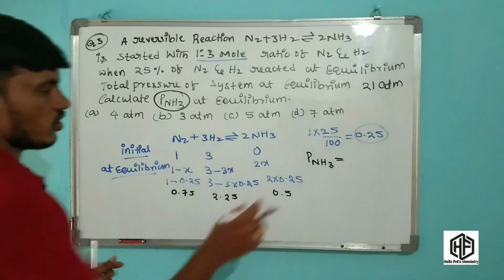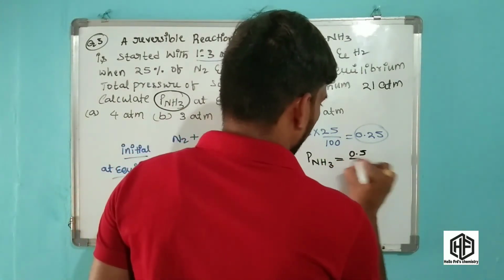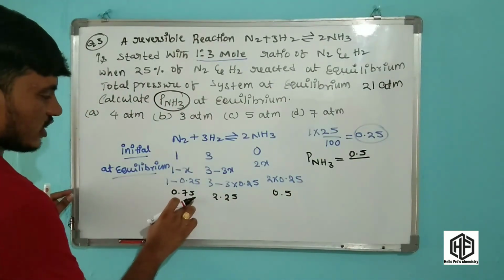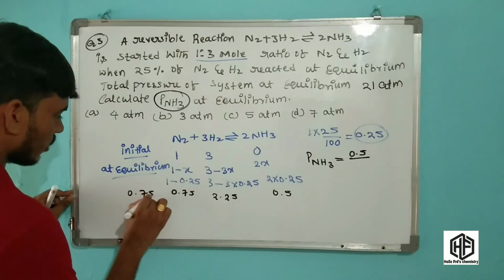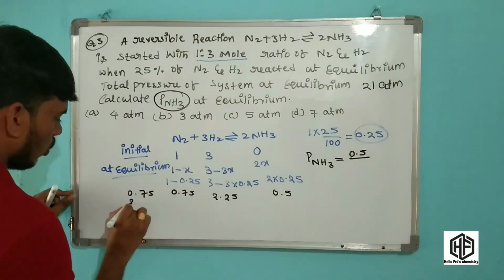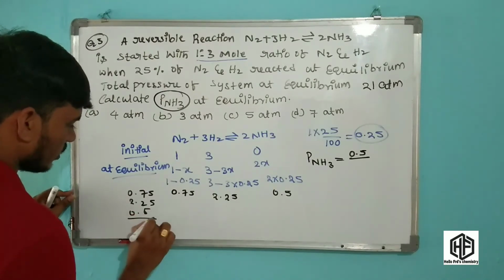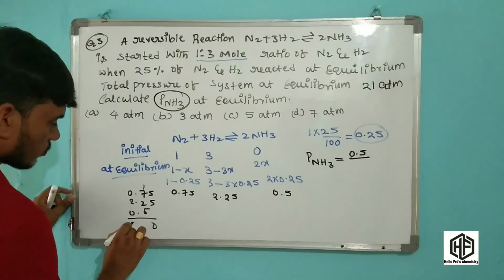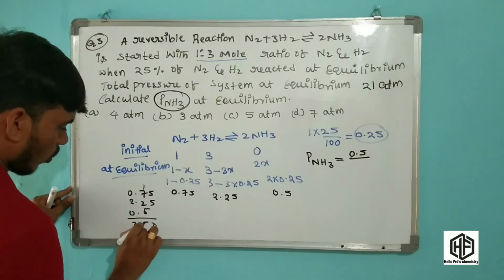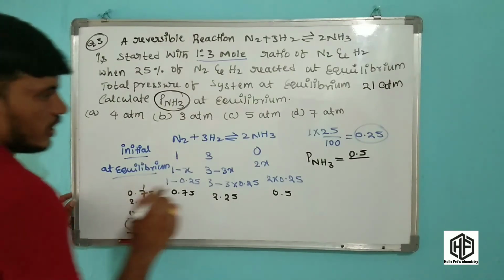The number of moles of NH3 is 0.5. The total moles is 0.75 plus 2.25 plus 0.5, which is 3.5.